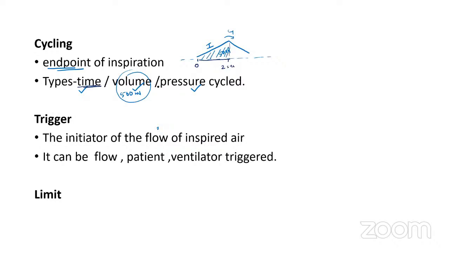This is called a volume cycled ventilator. And third one is pressure cycle. Pressure cycle means when so much pressure is attained, then the expiration starts. So I can keep it at 40, 35, etc., depending upon the clinical condition. So now you got the concept of cycling.